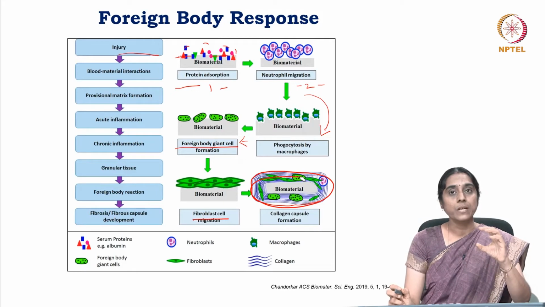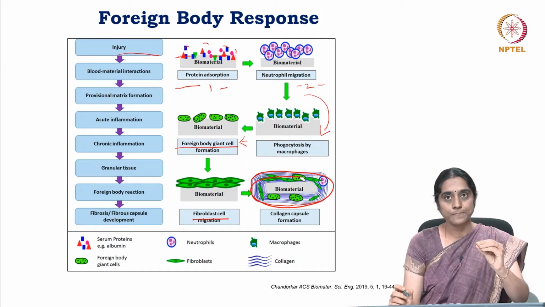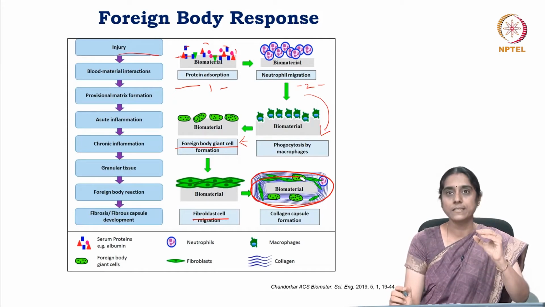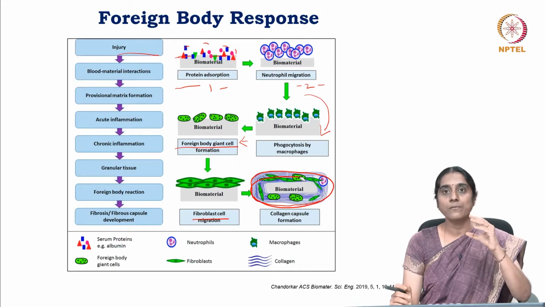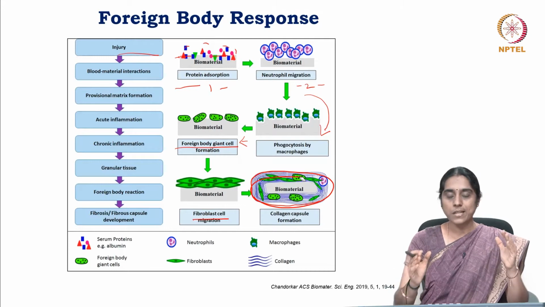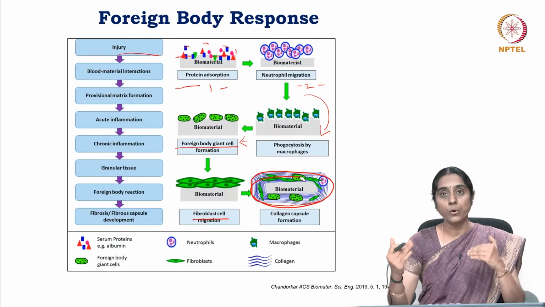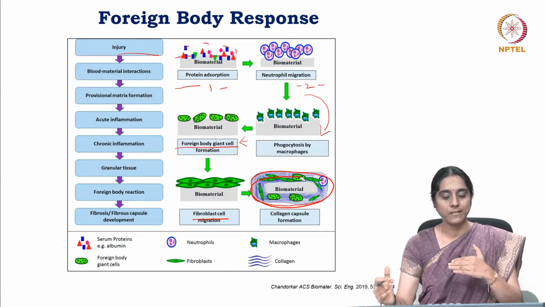This capsule is going to encapsulate macrophages, fibroblasts, and polymorphonuclear cells. So, it will have the immune cells as well as the fibroblasts. So, this is the general process of the host response towards any biomaterial. This is how it is.